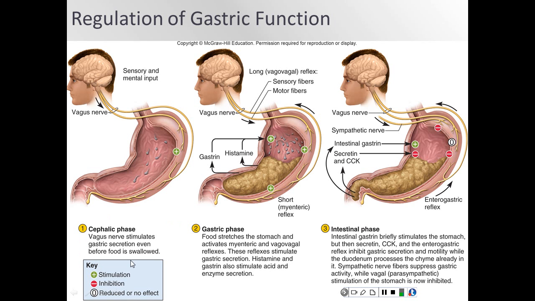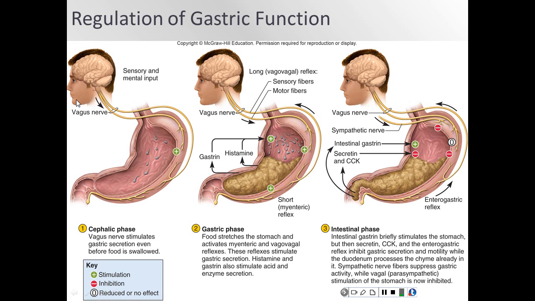Now these sensory and mental inputs convey information to the hypothalamus, which is in this area of the brain, and which relays the information to the medulla oblongata. Now the vagus nerve: the nerve fibers from the medulla oblongata stimulate the enteric nervous system of the stomach.